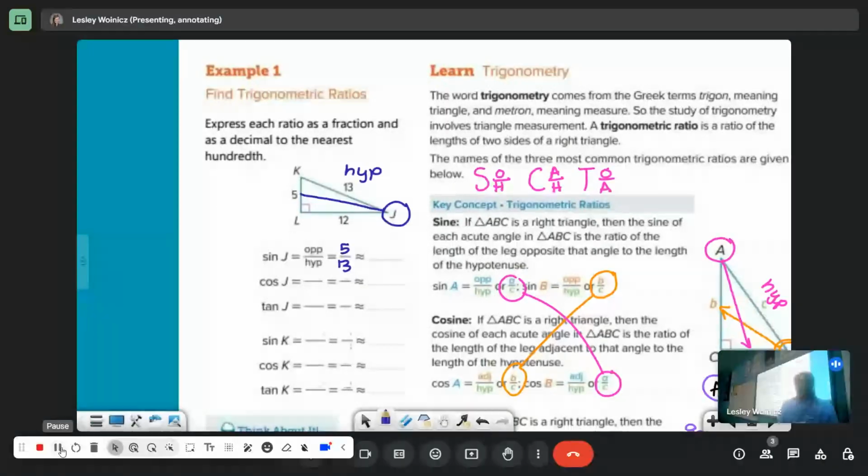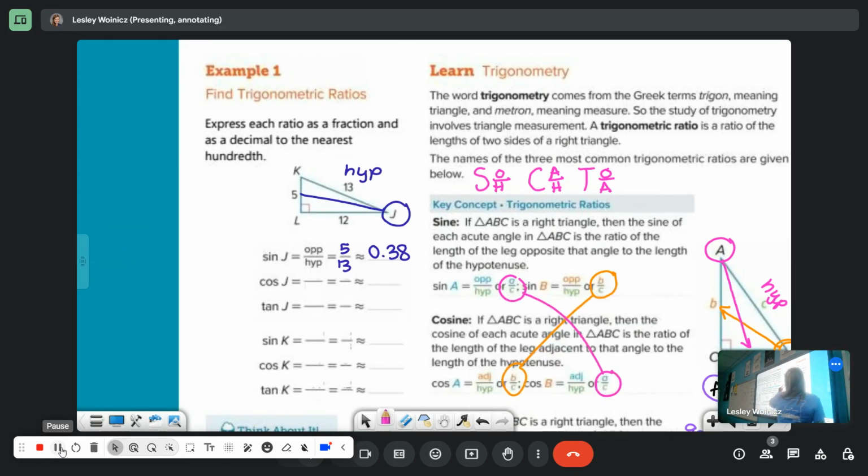So would somebody give me 5 over 13 to the nearest hundredth? Great.